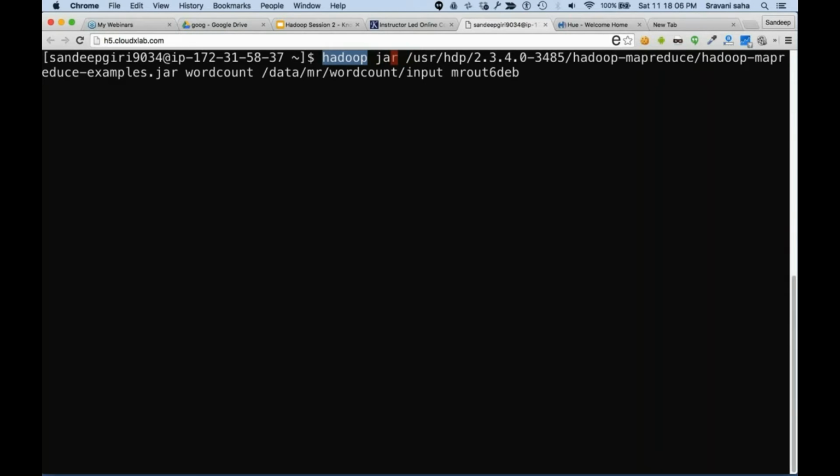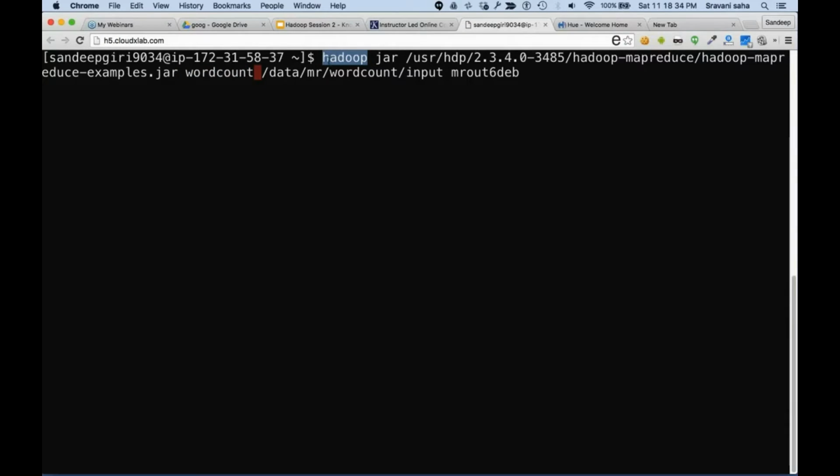Instead of saying Hadoop fs, we are saying jar, which means we want to execute this logic as MapReduce. This is the logic called Hadoop MapReduce examples. It has the source code, the compiled Java logic of word count. The first argument we are telling it is word count.